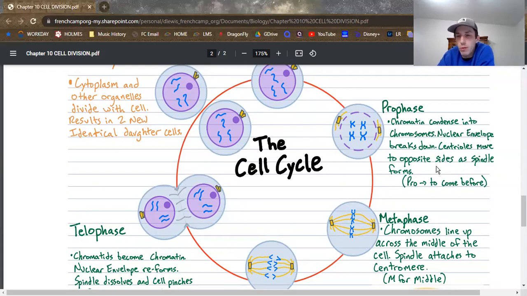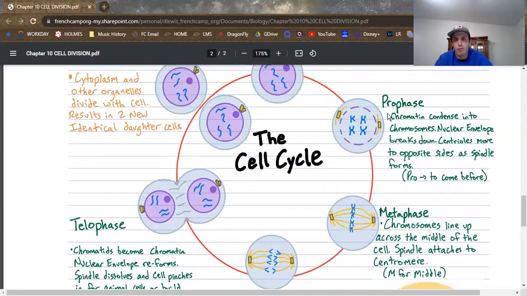And the centrioles are moving to opposite sides. They were sitting here, and now they're starting to move to opposite sides. And the spindle, which is like a web-like structure of microfilaments, is starting to come out from the centrioles. It's going to attach to the chromosomes to pull them apart. One of the easy ways to remember this, the Amoeba Sisters say it best, is that pro means to come before. So pro is the first step of mitosis.